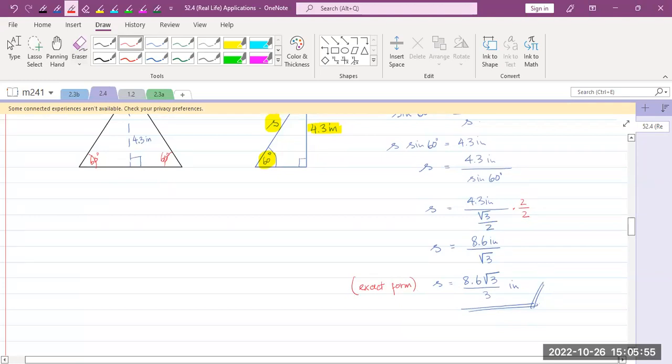Now, of course, like what I said earlier, if you are happy enough with a rounded solution, then you do 4.3 divided by sine 60 degrees. You will get 4.96521 inches. Now, this is an approximate solution, not an exact solution.